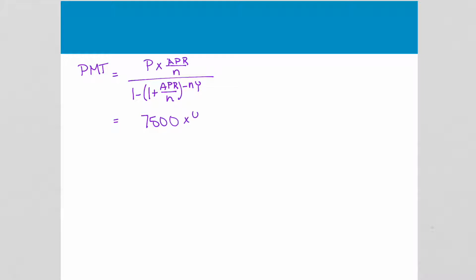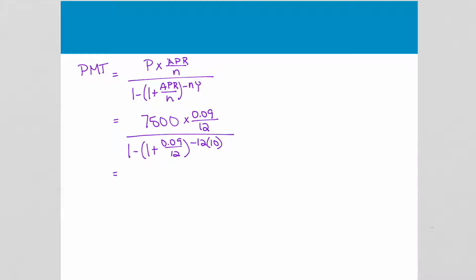APR is 9%, so 0.09. You're making monthly payments, so N is 12. Then we have 1 minus 1 plus 0.09 divided by 12 again, to the negative N, which is 12, times the number of years, 10 years. You probably say, why do we have 1 minus 1? Well, it's because of order of operations. That's not going to cancel out.